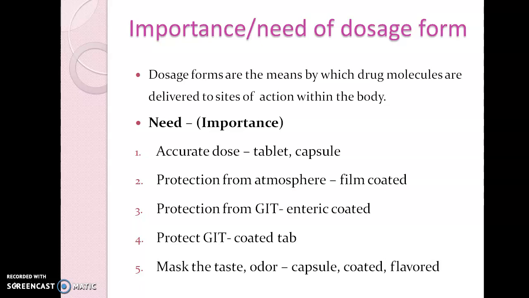Due to their obnoxious taste and odor, many drugs cause nausea and vomiting. Again, they should be properly encapsulated into capsules, or coated, or if it is a liquid dosage form, it should be properly flavored.